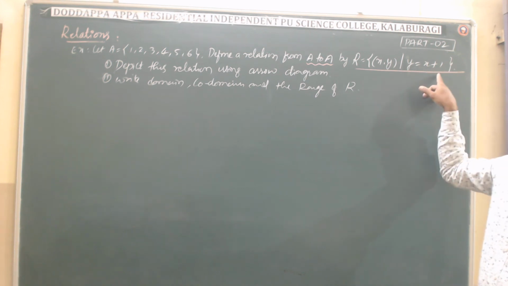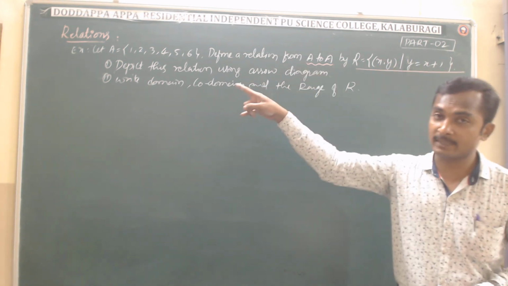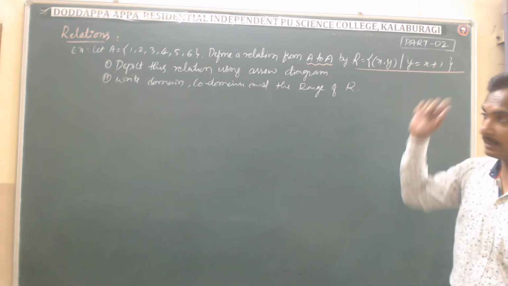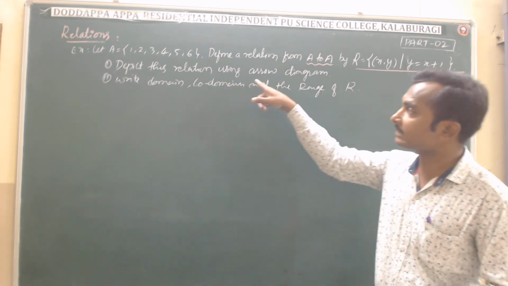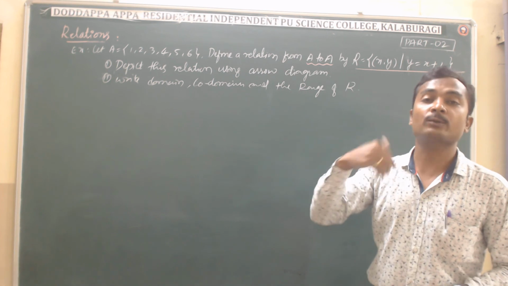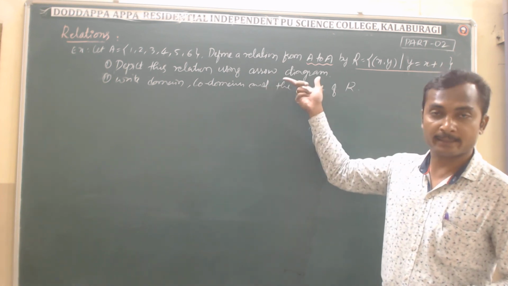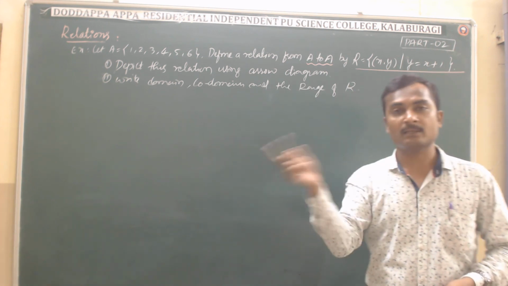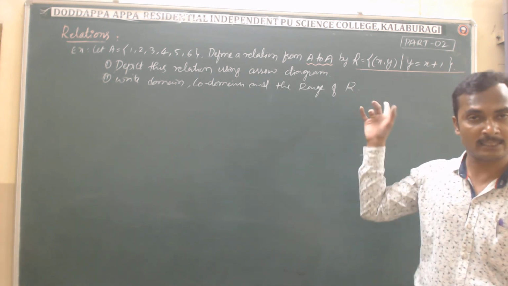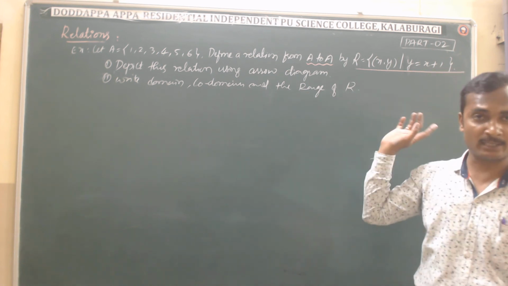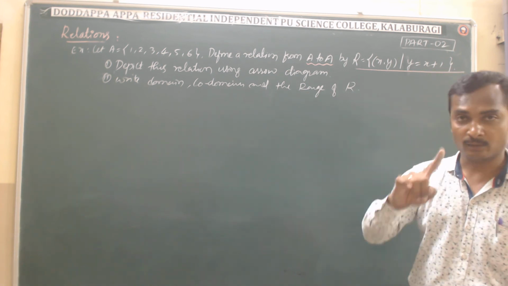Using this condition y equals x plus 1 for the elements of A, we have to write the relation set. Next, depict this relation set using the arrow diagram. Depict means show. Show this relation set using the arrow diagram. So, using arrow diagrams, you have to show the same relation. Write down the domain, codomain and the range of this relation set R. Okay, let's solve this.